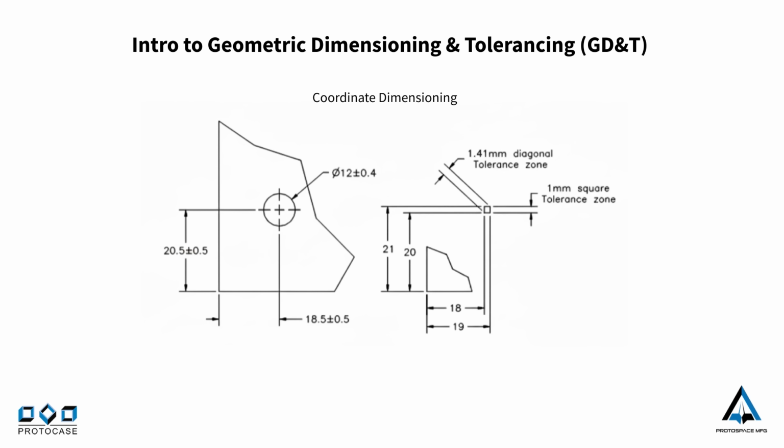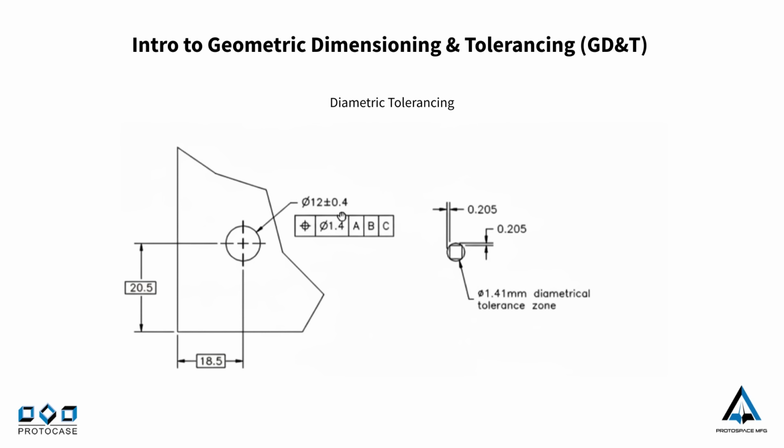In traditional coordinate dimensioning, a hole's location is usually defined by a square tolerance zone. However, a hole is round. If a hole falls slightly outside the square corner but is still functional, it would technically be rejected under traditional rules. GD&T uses diametric tolerance zones, which offer 57% more tolerance area than a square zone.